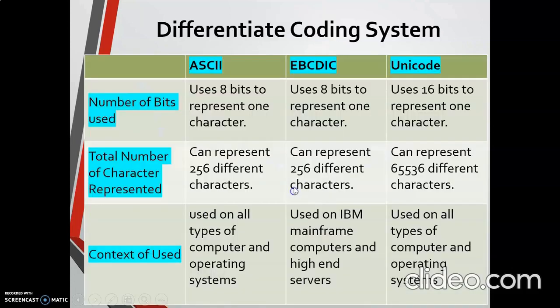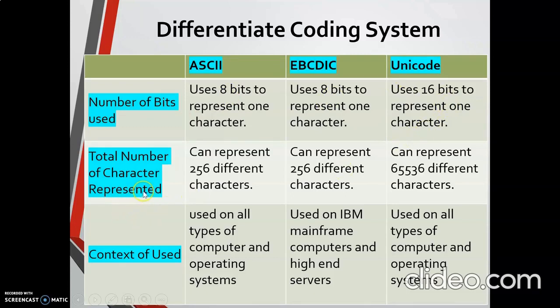Now, all right. This table is to differentiate the coding schemes. If you are asked to differentiate coding schemes, usually you have to differentiate by the number of bits used to represent a character. ASCII uses 8 bits, EBCDIC uses 8 bits, and Unicode uses 16 bits. And you have to give a full sentence like this.